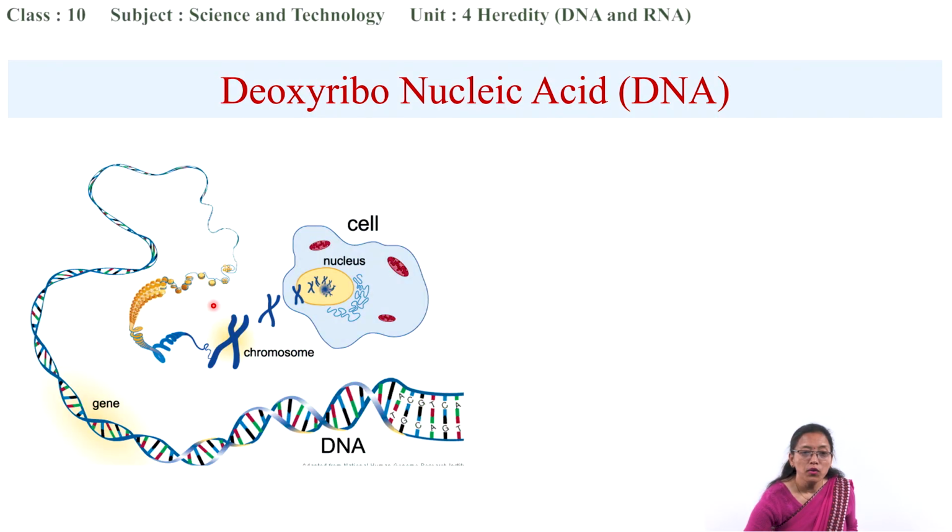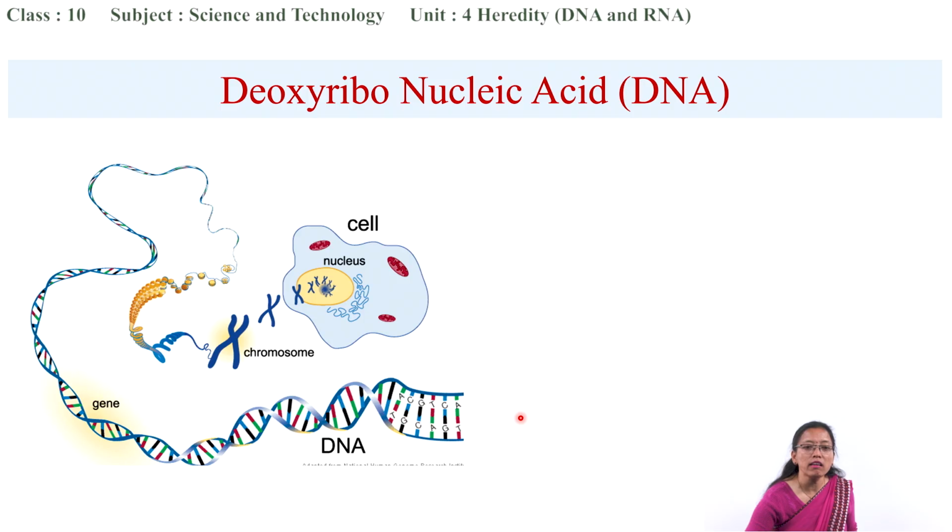Now, what is there in this chromosome? Already you know DNA. In this DNA, we find the smallest piece of DNA, which is known as a gene. And what are the things present in it? See, there is written A, T, G, C, C, G. What are these things?